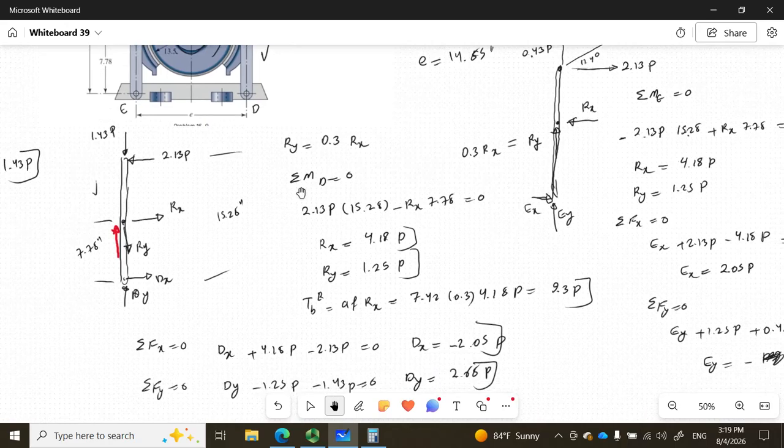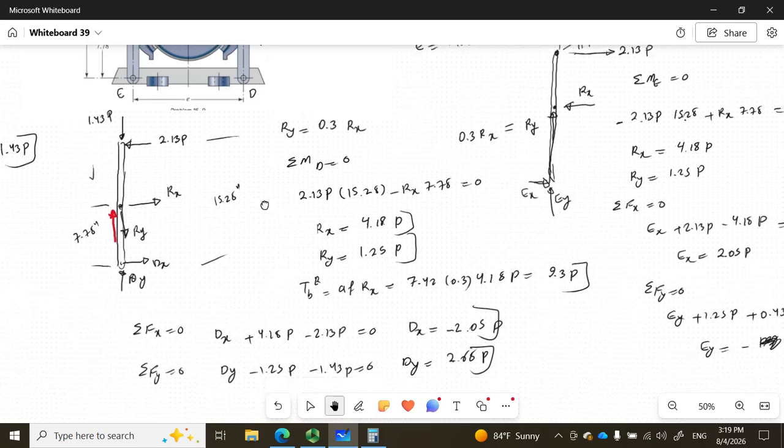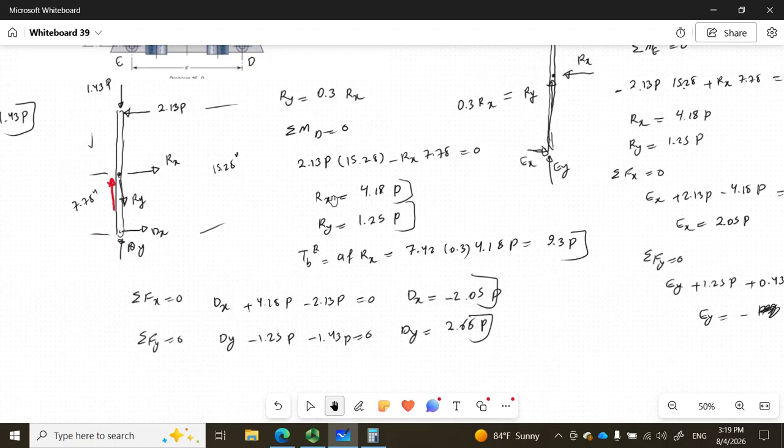Then look, the relationship between the magnitudes is the same. Then taking moment about point D, that's not going to change the Rx, right? Rx is going to be the same.